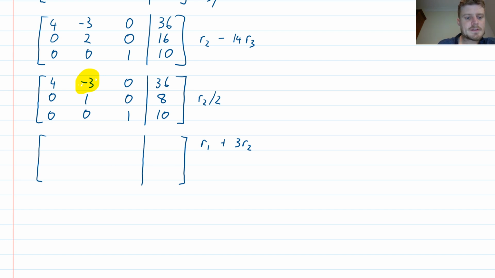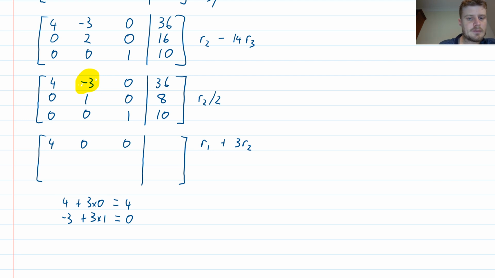So in the first column I will have 4 plus 3 times 0, well that's just 4, so I'll have a 4 there. In the next column I'll have a minus 3 plus 3 times 1, well that's just 0, so that's good. This next one, 0, 0, is going to give me 0.